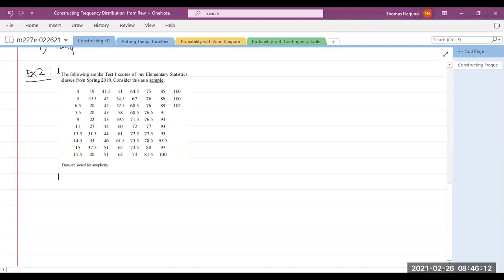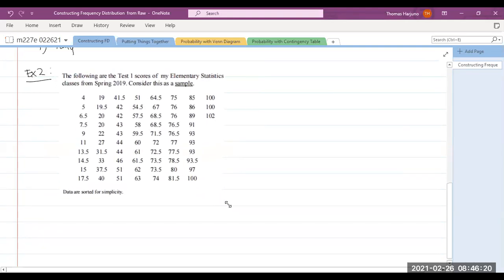Let's say we have this frequency distribution. Let me enlarge that. Okay, and then let me ask you to construct a frequency distribution with maybe 5 classes.